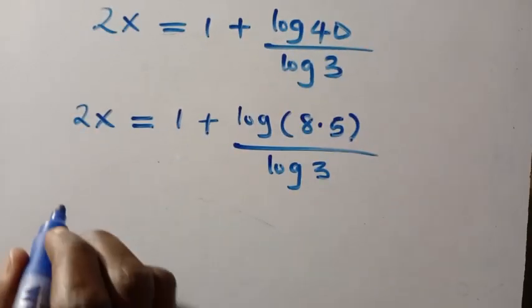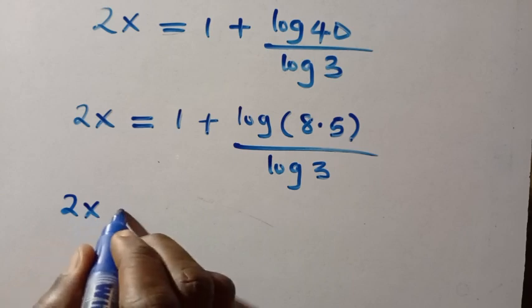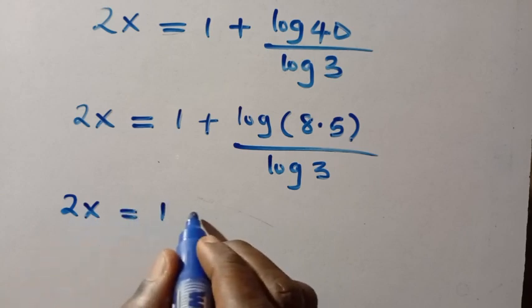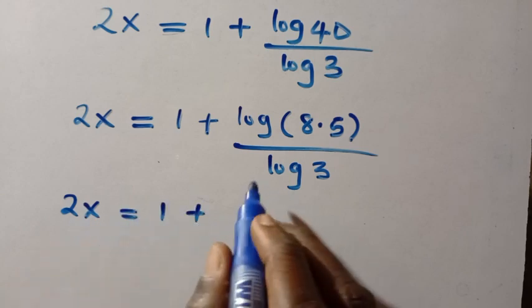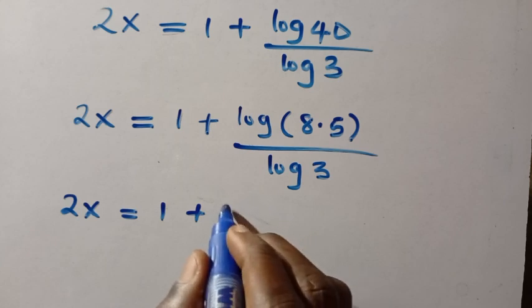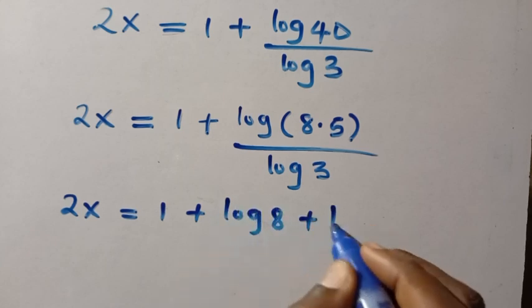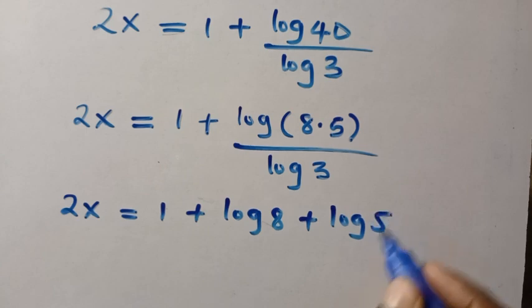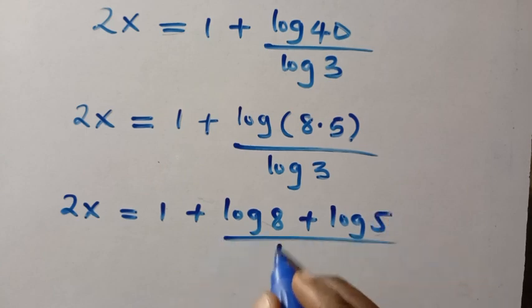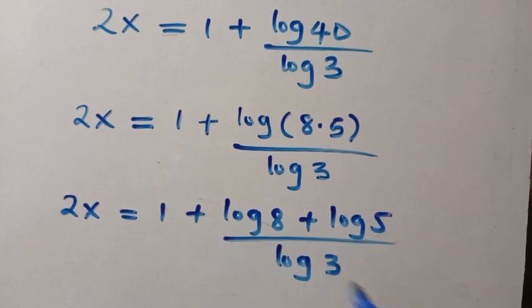And then we have 2x equals 1 plus, by applying the rule above, log 8 plus log 5 divided by log 3.